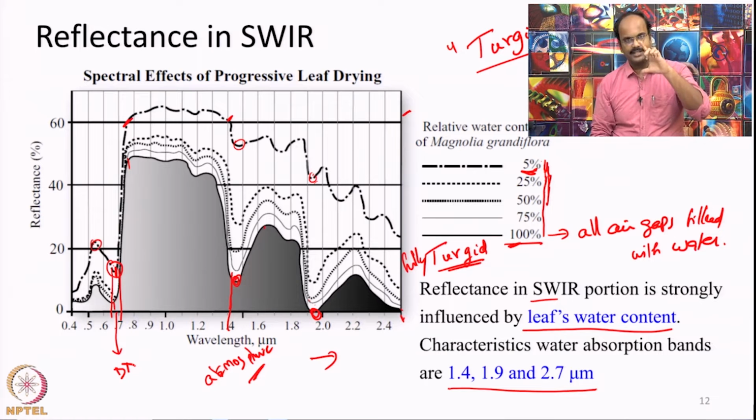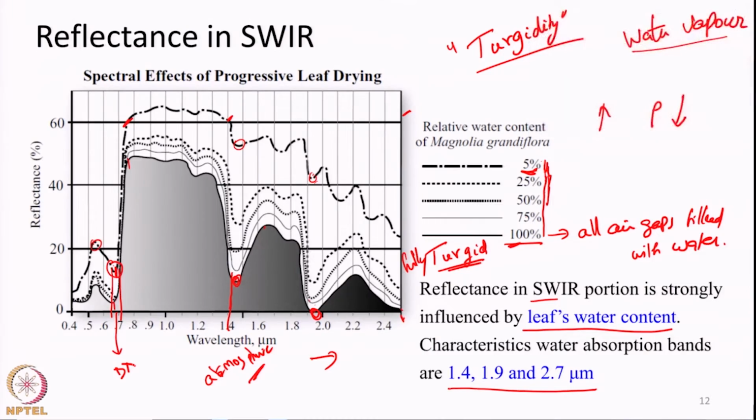So, the red edge, and also the wavelength position at which it occurs, will help us know certain properties about vegetation. As I told you, the red edge position, that is the wavelength at which the red edge occurs, will change based on the condition of vegetation.